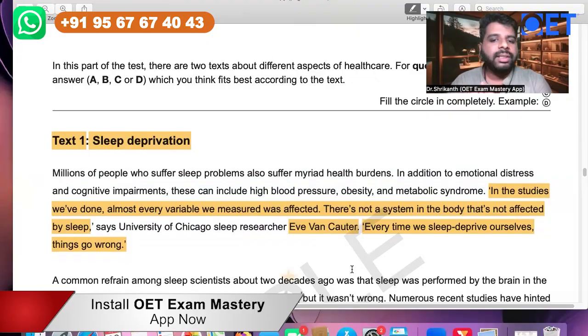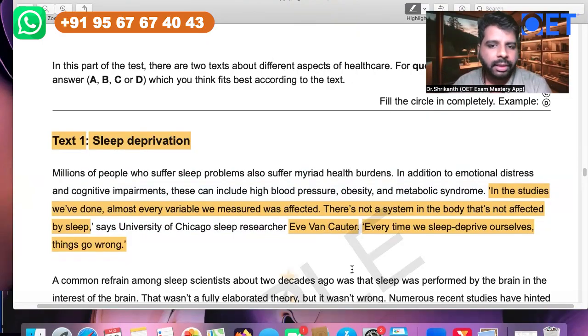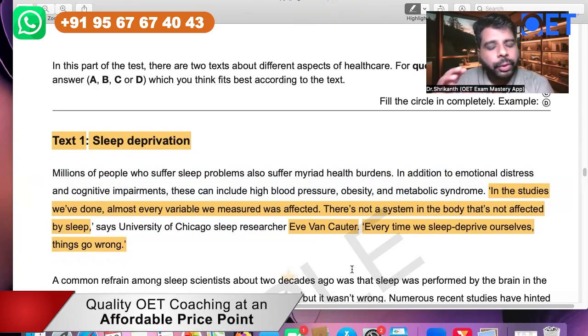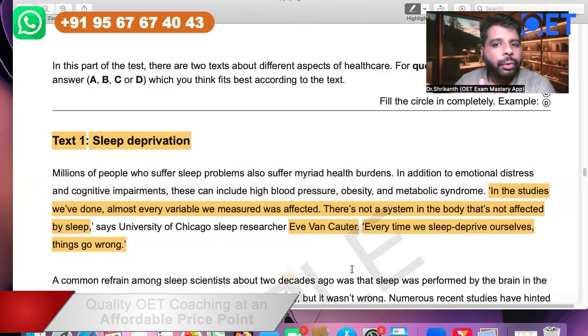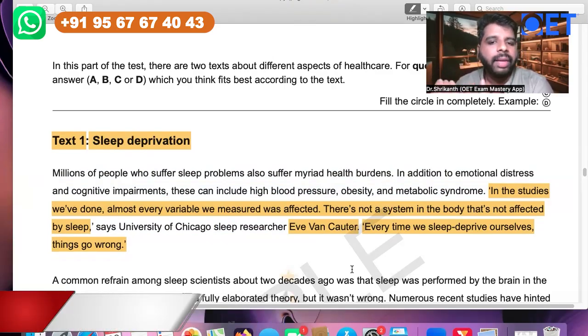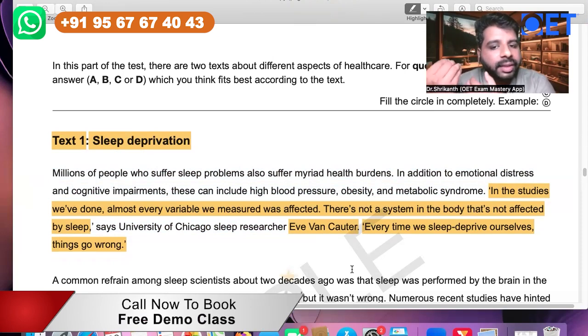So the question is asking you why he is using E1 Cotter's words. You have to give more importance to these close quotations because these are the words taken from E1 Cotter. And now you have to make the connection, for what reason the writer is using E1 Cotter's words. So let's see what the writer is saying.